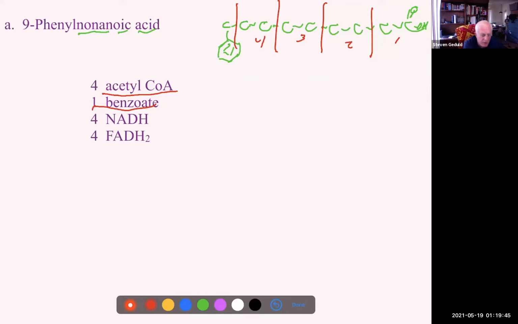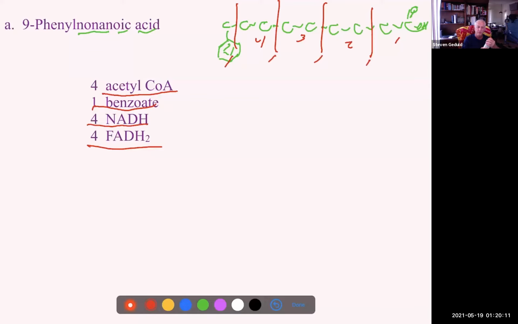You're going to have 4 NADHs, because every one of those bonds is going to produce an NADH and an FADH2, so 4 FADH2s. So that's what you're going to have from 9-phenyl nonanoic acid. And each of those 4 acetyl coenzyme A's is going to run through the citric acid cycle to produce ATP.